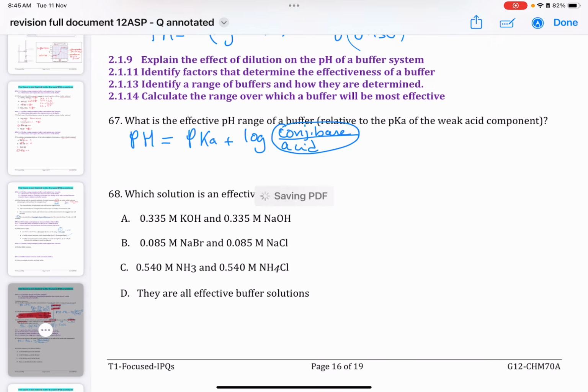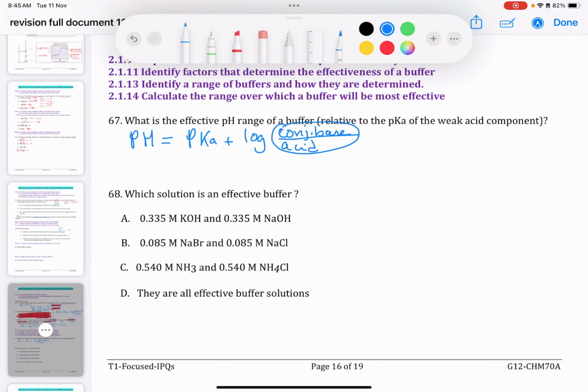The best is when these concentrations are equal, and the least effective, or the range in which the buffer works, is when I have a 1/10 ratio or 10/1. So that's the maximum, and that means that pH equals pKa within the range of log 10, which is 1, and within the range of -1.